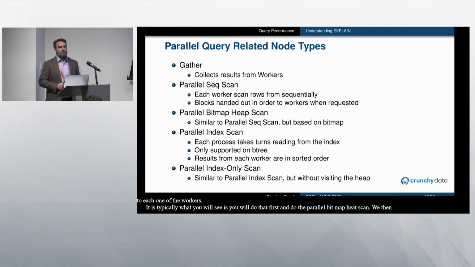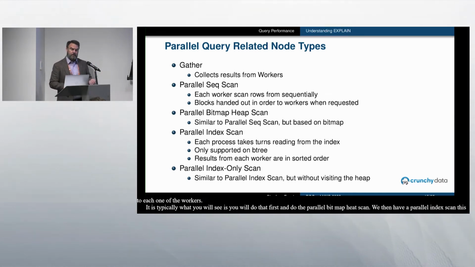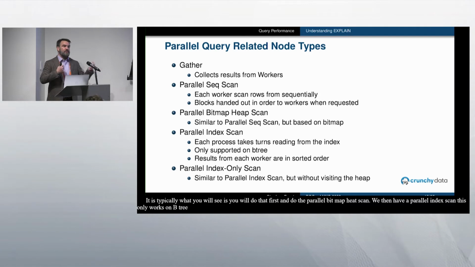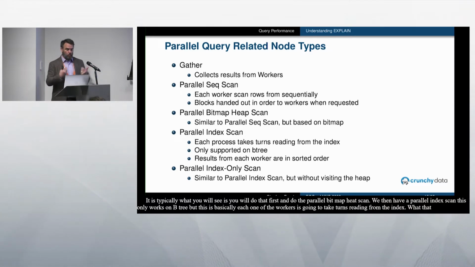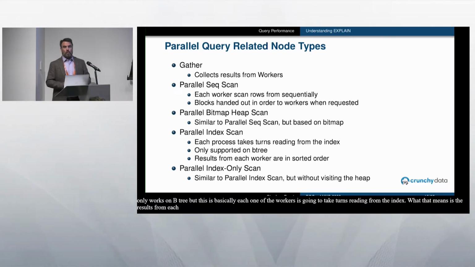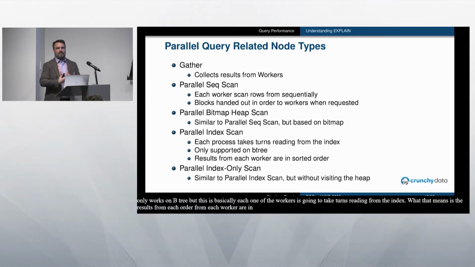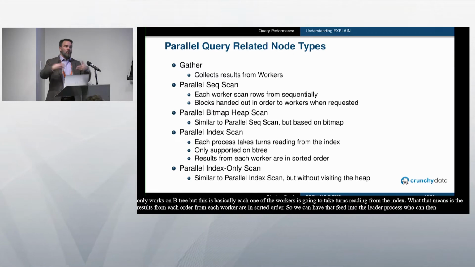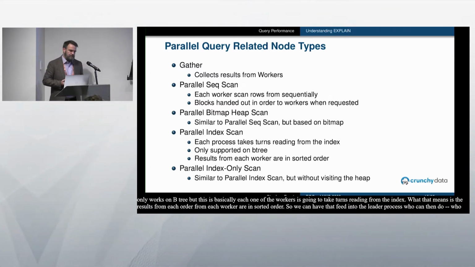We then also have a parallel index scan. This only works on B-tree, but basically each one of the workers is going to take turns reading from the index. What that means is that the results from each worker are in sorted order, so we can have that feed into the leader process, who can then collate all of that information back.